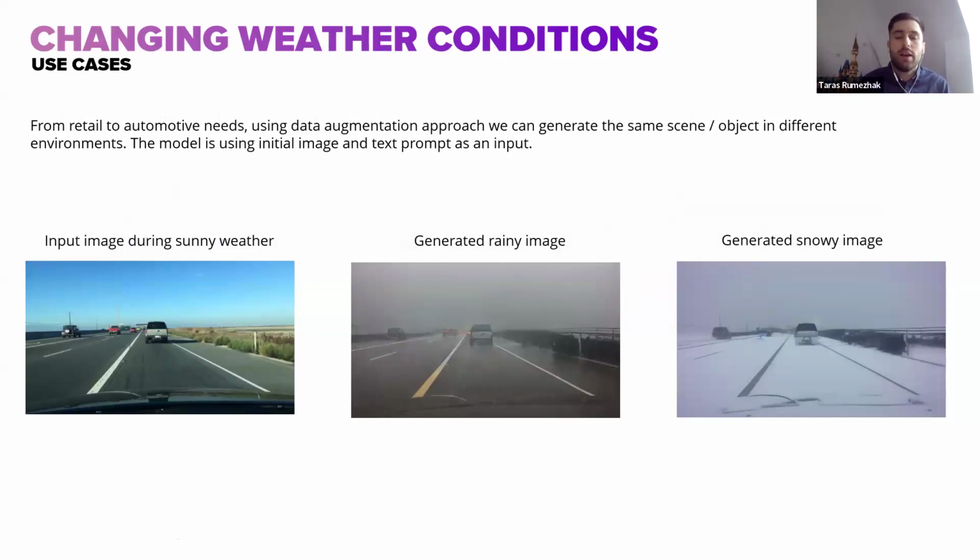So we were using Stable Diffusion and training it specifically to generate, for example, a rainy image. It's exactly the same structure, exactly the same shape, but a different weather condition, or winter with heavy snow, something like this. As well, very interesting. It's probably more of a research-like project, but for self-driving, it's very important to save money on collecting data sets.